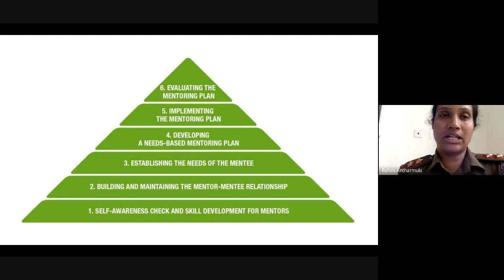If a mentee comes to you in the second semester of engineering, or the second semester of their degree, and asks what they have to do to get into higher education, or to clear the GATE examination, or a NET examination, you need to make a timetable or a plan for them: this year this is to be done, this year this is to be done, and this is the CGPA you will have to aim at. 8.5 CGPA and above for this university would be good.